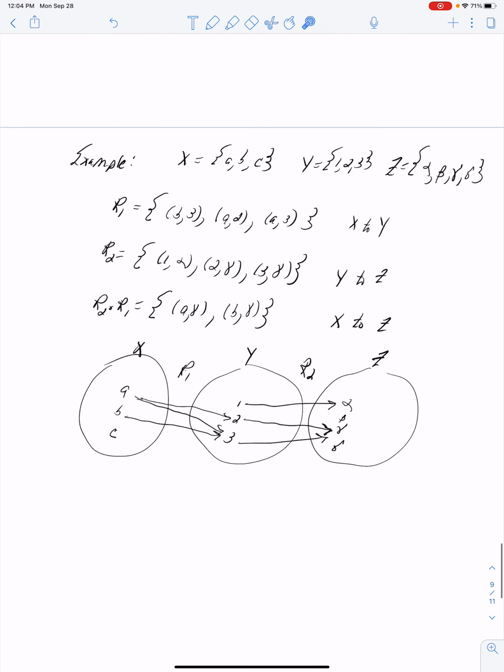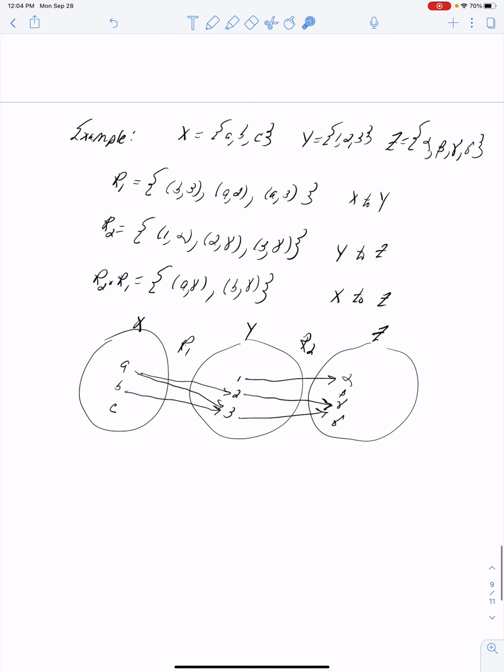Certainly that goes from X to Y. Now think about the relation R2, which we just named some ordered pairs. Z is going to be my set {alpha, beta, gamma, delta}. And let's let R2 take 1 to alpha, 2 to gamma, and 3 to gamma.